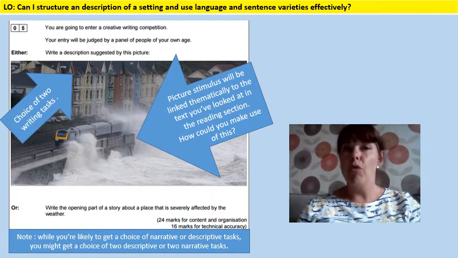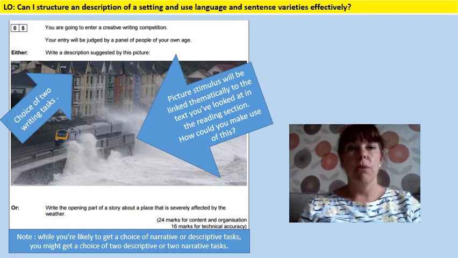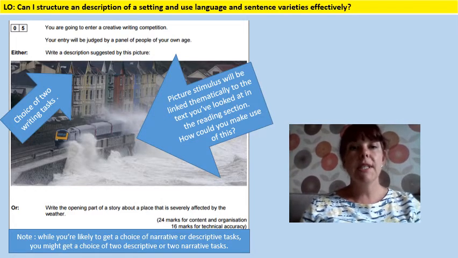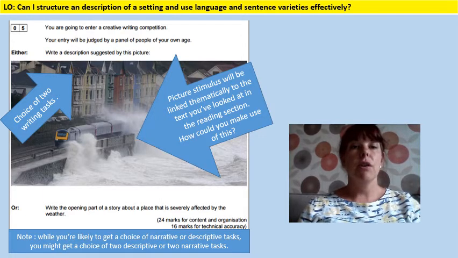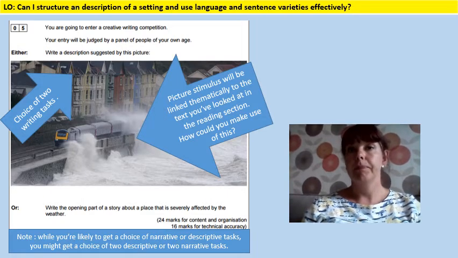There's a written stimulus as well. So you've got the picture of the train, write a description suggested by this picture, or write the opening part of a story about a place that is severely affected by the weather. We're going to be focusing on that aspect of describing a setting, and we're still going to link it to our novel, The Explorer.